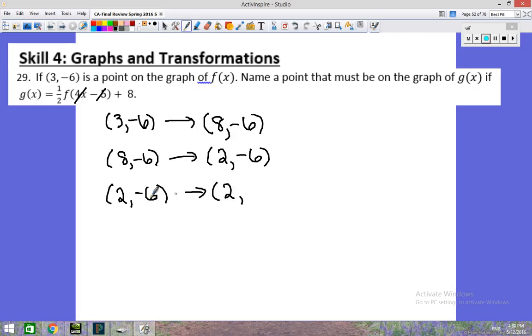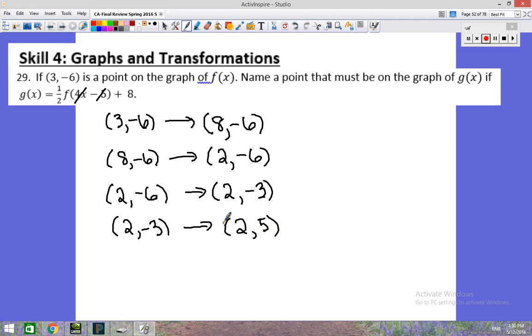So half of -6 is -3. We now work with that result, the 2, -3. We're going to add 8 to the y-coordinate. We're lifting this graph up 8 units. The y-coordinate controls up and down. The x we already knew was going to remain 2, and -3 plus 8 is 5.